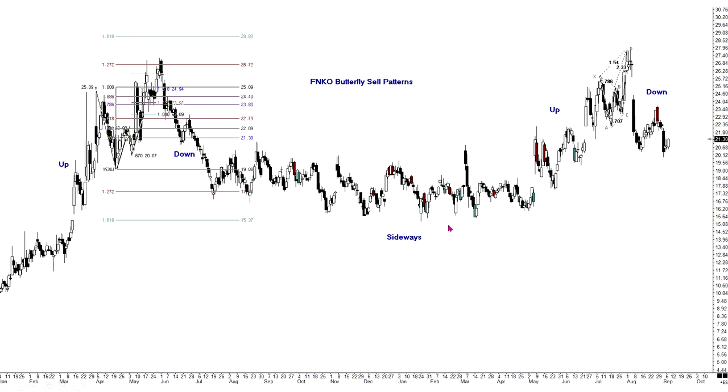Okay, so here, after the rally to the upside, you can see another butterfly pattern form. So notice the A, B, C, the D. Notice how that's extending above that X, the previous swing. That makes it a butterfly pattern, and the market reverses to the downside again.